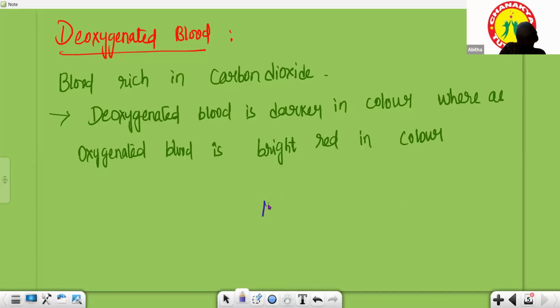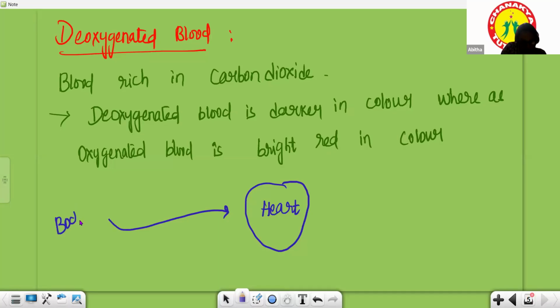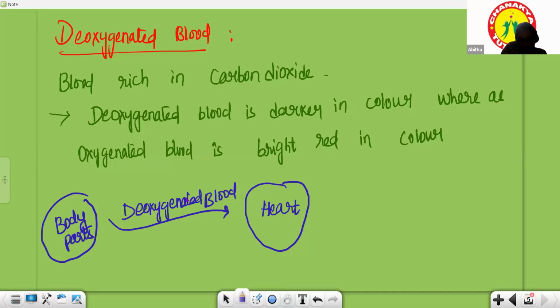So we can mention here a heart. This heart collects blood from the body parts. Which blood is collected? Deoxygenated blood is collected by the heart from all the body parts.